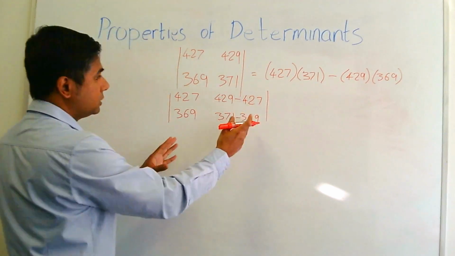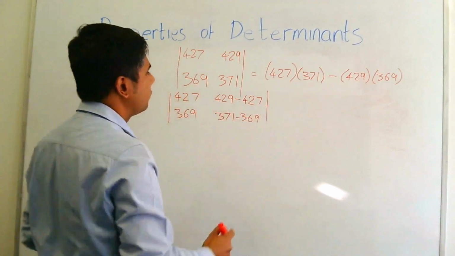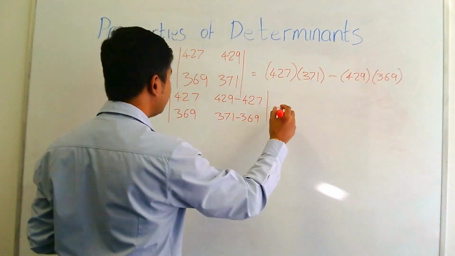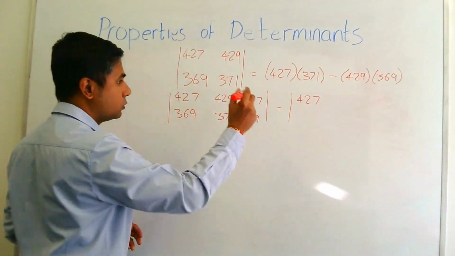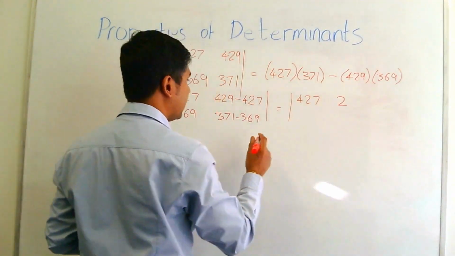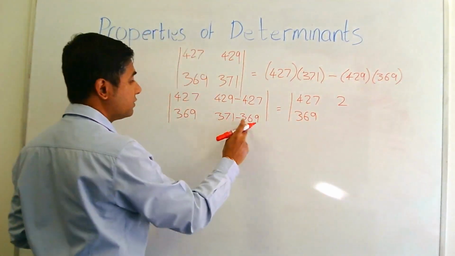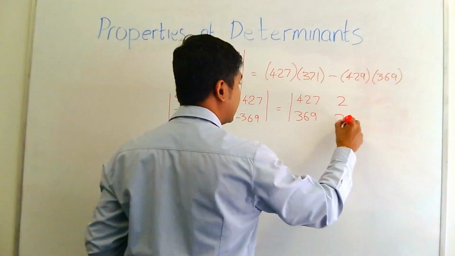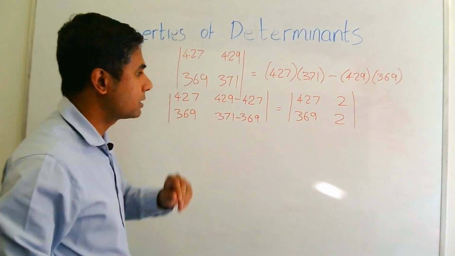We have subtracted column 1 from column 2. What this gives us is 427, and then 429 minus 427 is just 2, and then 369, and then 371 minus 369 is 2 as well. So we can make use of that property again. We can subtract things even further.